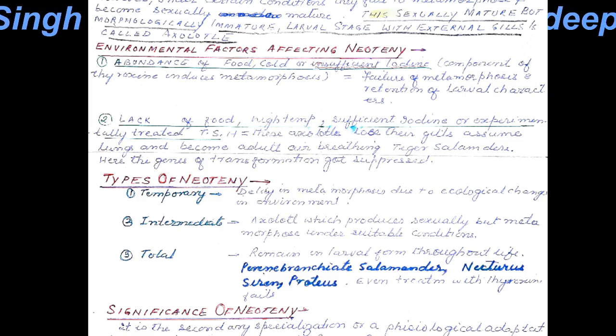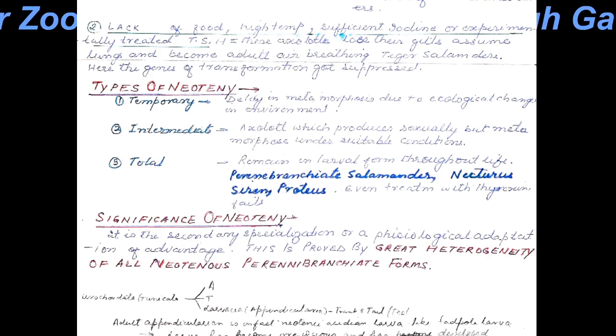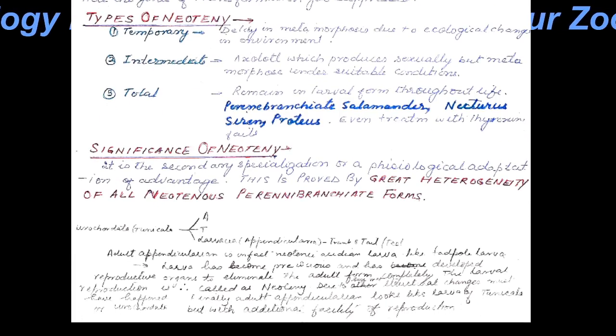They remain in larval stages throughout their life and never metamorphose. Even treatment with thyroxine fails to do anything, and they retain their larval character. The reason is their larval form is so very successful that they refuse to metamorphose into adults. Now, what is the significance of this neoteny?